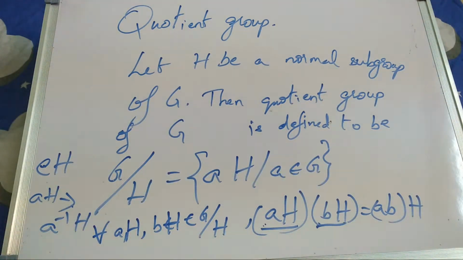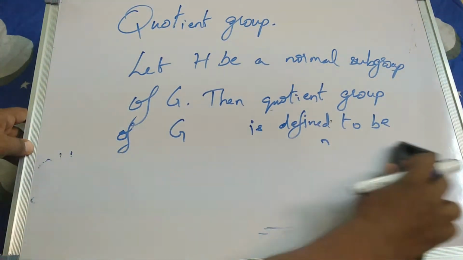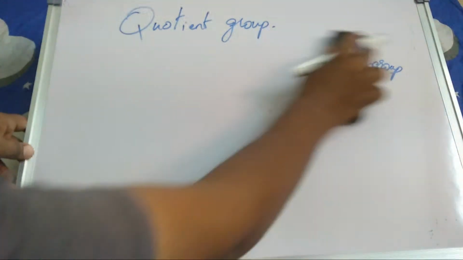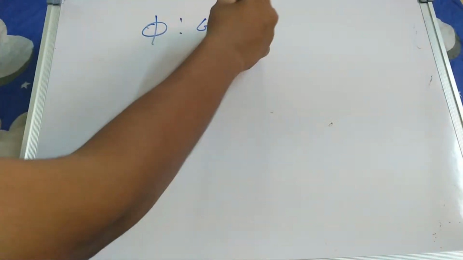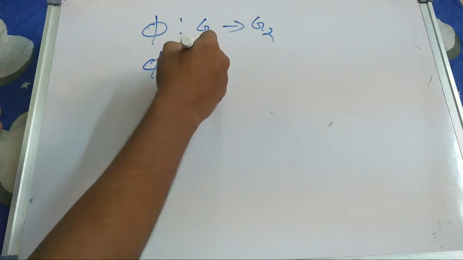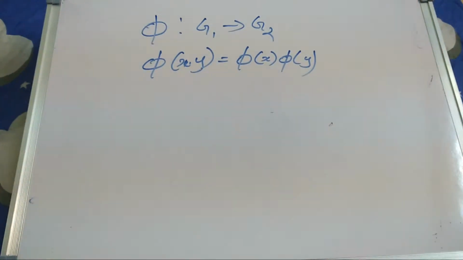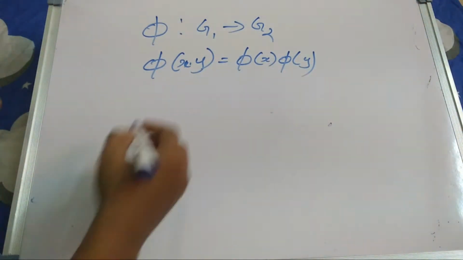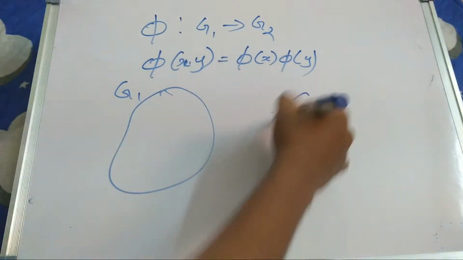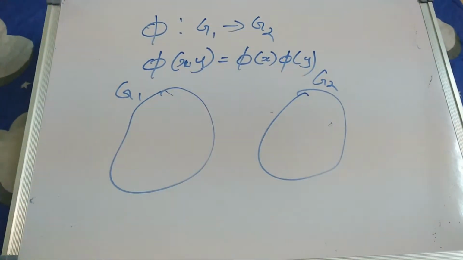Right? Now we will go into defining what is the kernel of a homomorphism. As I said, phi is a homomorphism from G1 to G2. Phi of xy is equal to phi of x phi of y. Now G1, G2, there is a mapping defined to us.